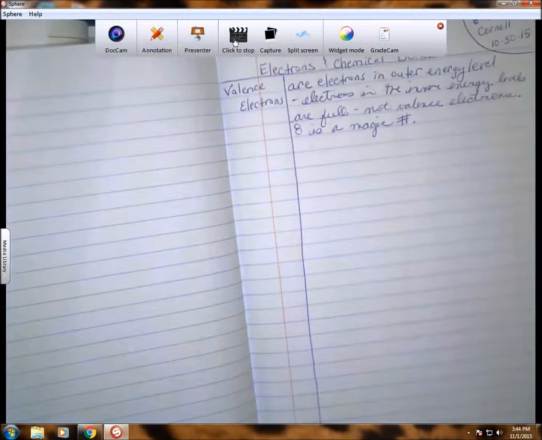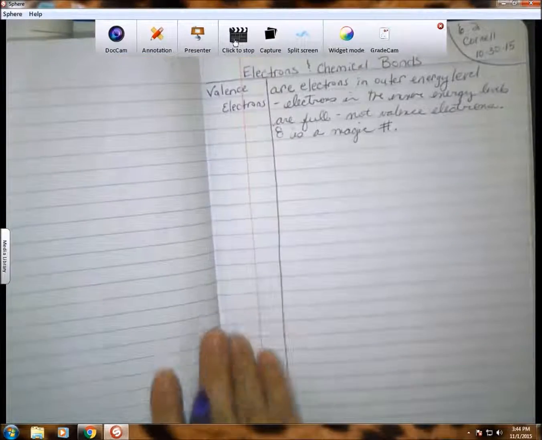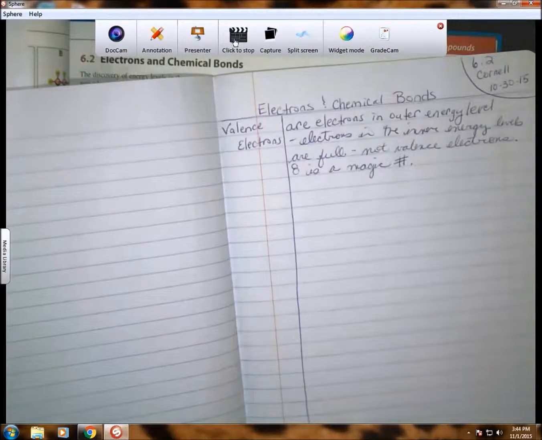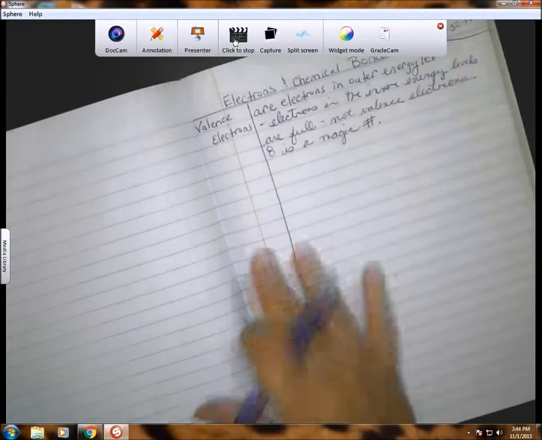It's kind of hard to record this with the book, but let me move the book over. That's better. Okay.